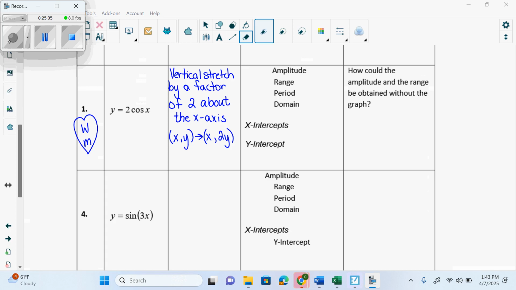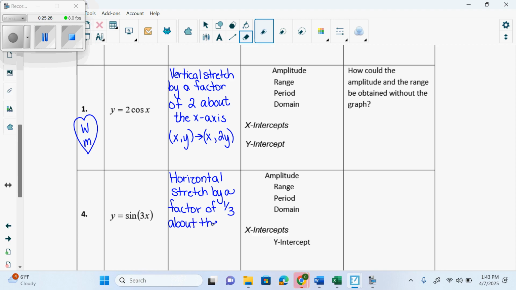Here we have a horizontal stretch by a factor of what? 1/3 about B. So we get x, y becomes 1/3 x, y.